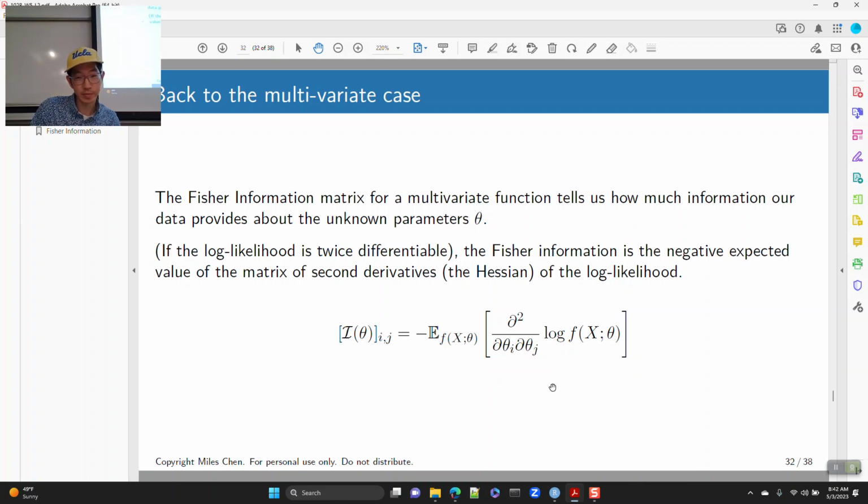Here, the Fisher information is the negative expected value of the matrix of second derivatives of the log likelihood. So here's our Hessian matrix of the log likelihood function, and its negative expected value is our Fisher information matrix.